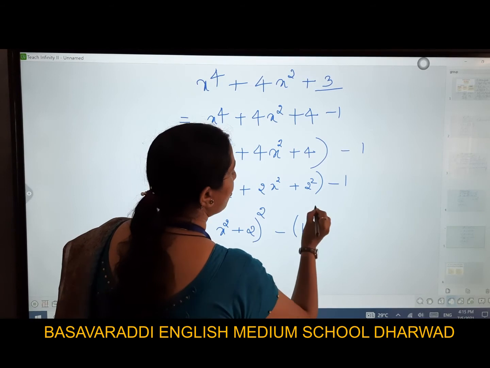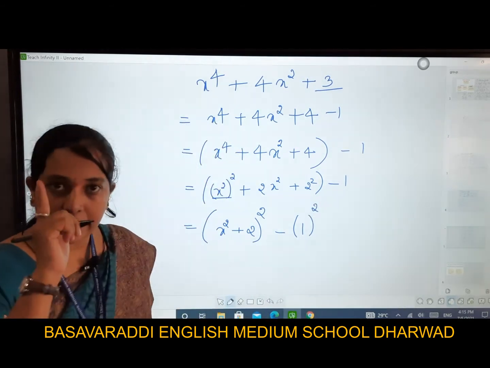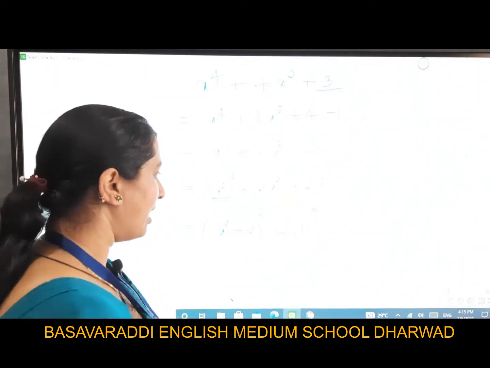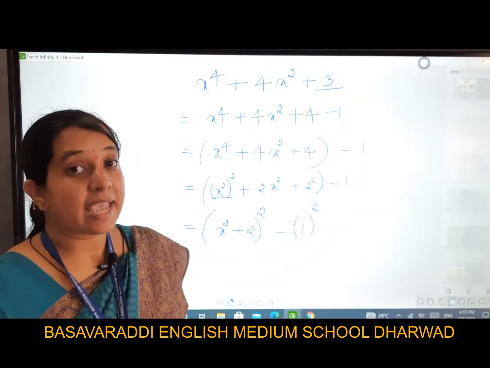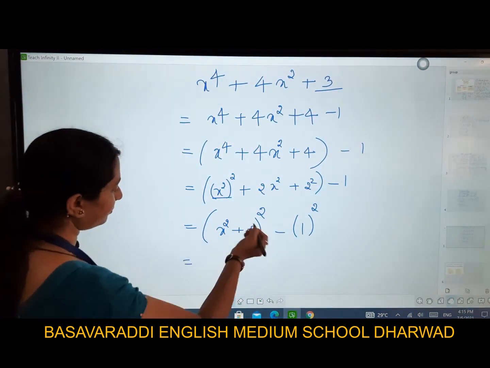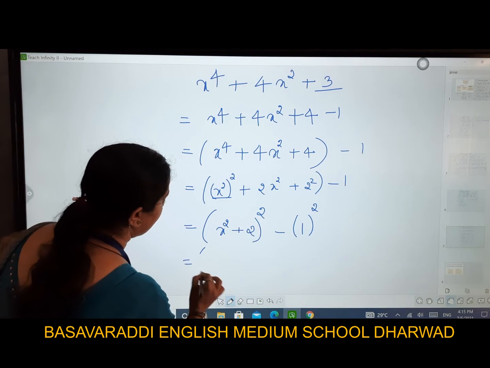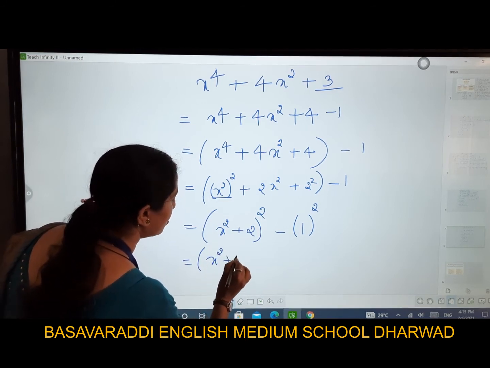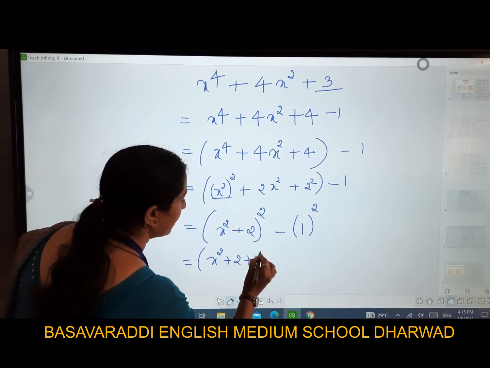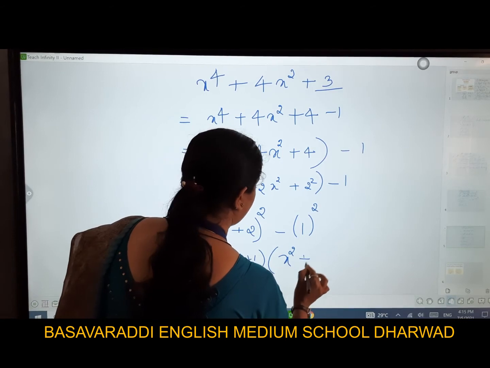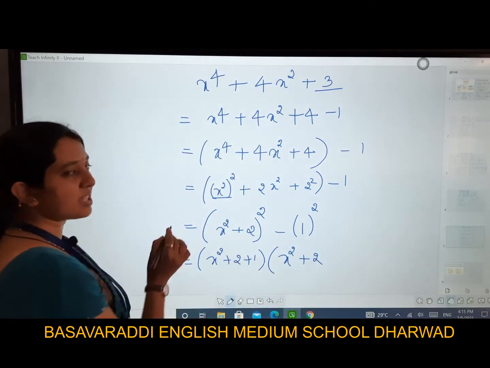If I write square also, it will be again 1. So instead of writing only 1, I will write it as 1 square. Now it is in the form of a square minus b square. So therefore, write it as a plus b into a minus b. X square plus 2 plus 1, or x square plus 2 minus 1, because x square plus 2 is the a term.